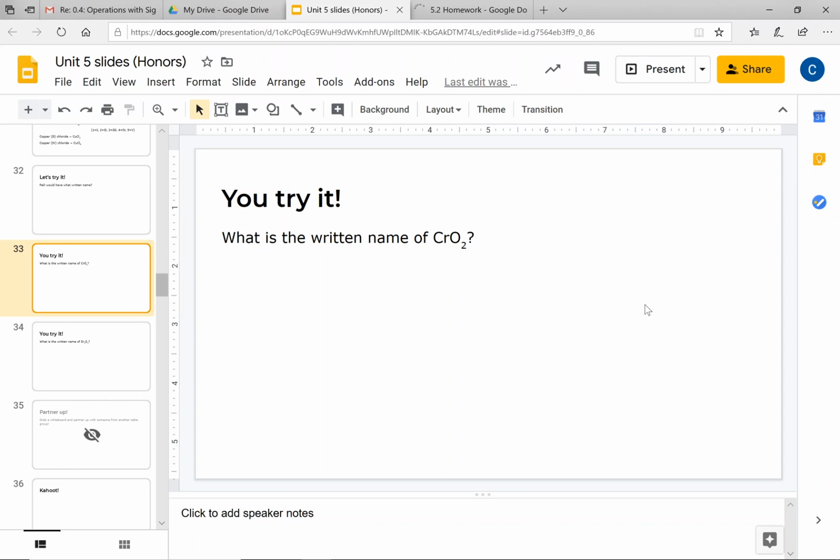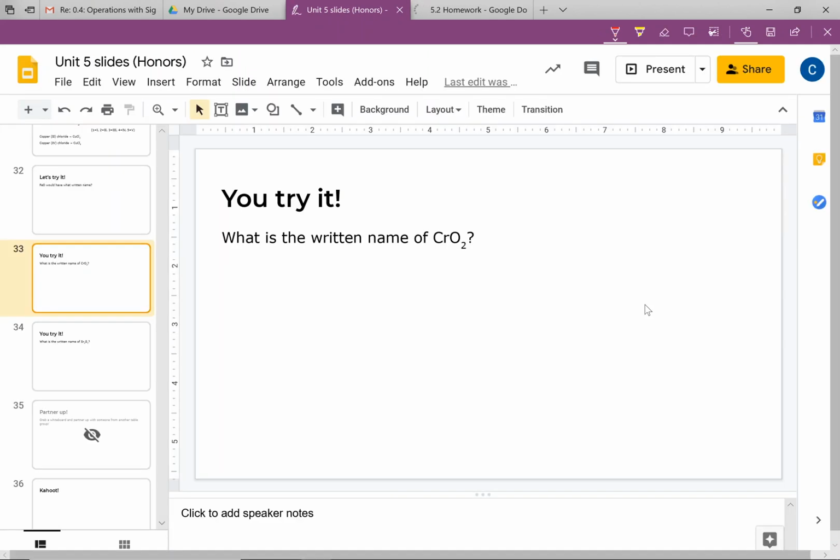CrO2. All right, try this out, team. Okay, I know for a start, right? We've got Cr, we've got O2. That means that we have chromium.